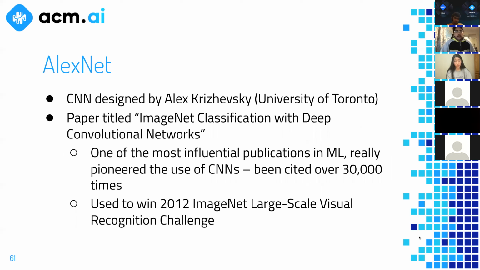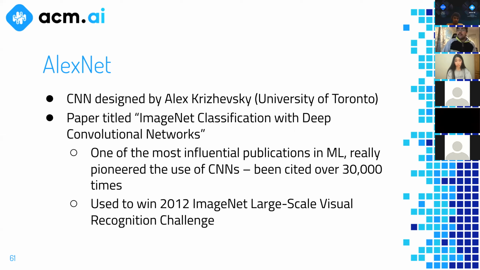So what is AlexNet? We've just talked about convolutional neural networks in general, but there are other convolutional neural networks that people have built upon the general foundation to make them better. We have a convolutional neural network designed by Alex Krizhevsky, in his research paper titled ImageNet Classification with Deep Convolutional Neural Networks.